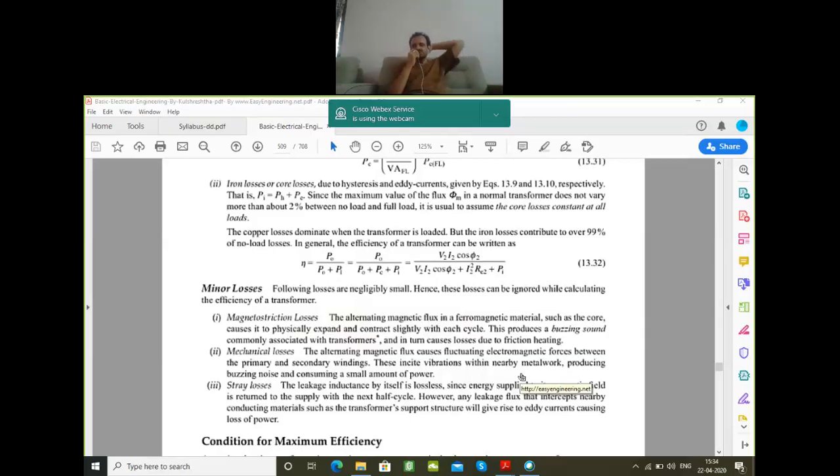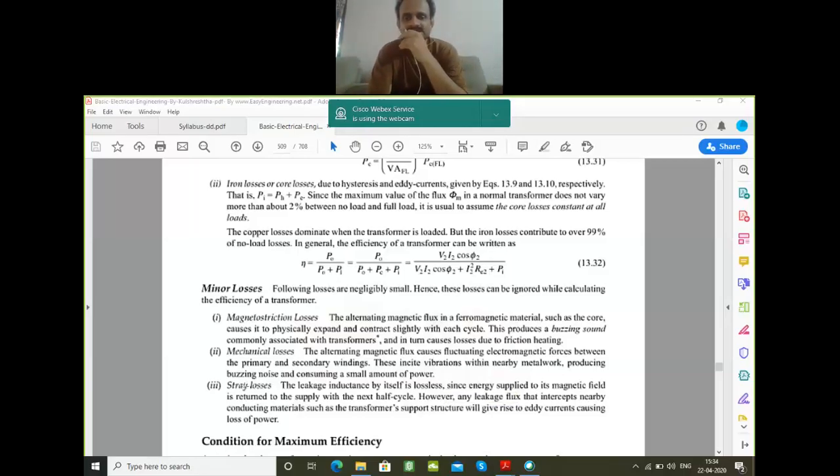So when the flux varies, electromagnetic forces also vary, and they cause vibrations in the metal work as well as in the nearby metal, producing buzzing sound and consuming small power. So small power is lost in the form of mechanical losses, producing buzzing sound.